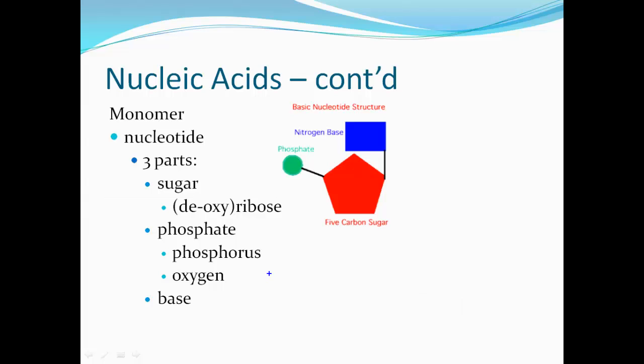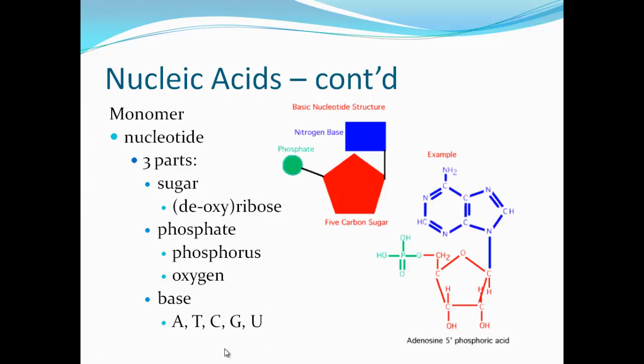You might recognize it, okay. And then the base, you might recognize these also. The bases are A, T, C, G, and U. So adenine, thymine, cytosine, guanine, uracil. Okay, and we'll get in more about that later.